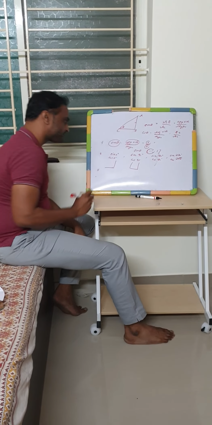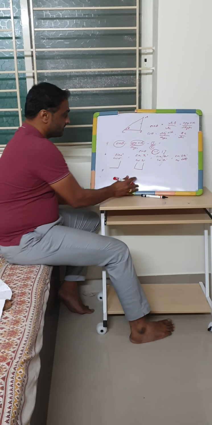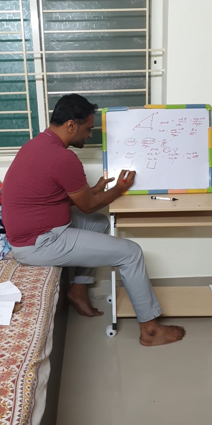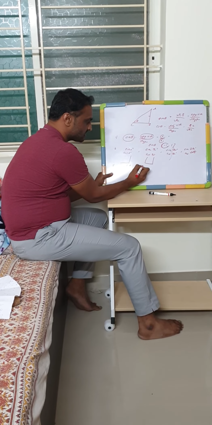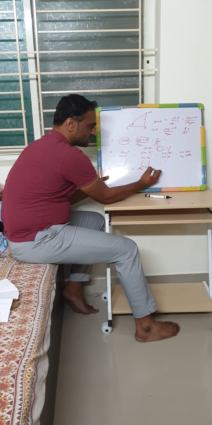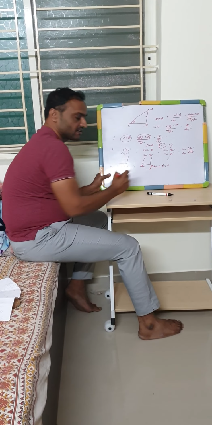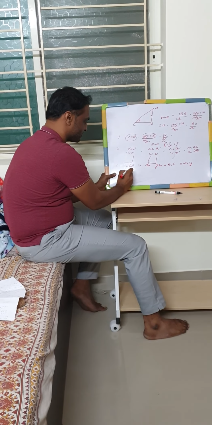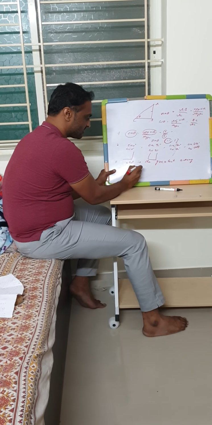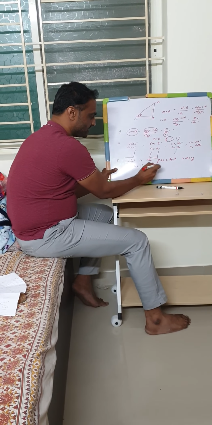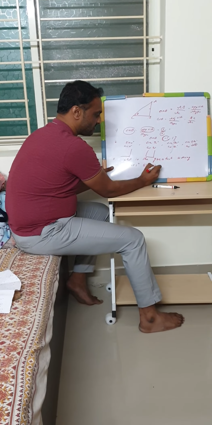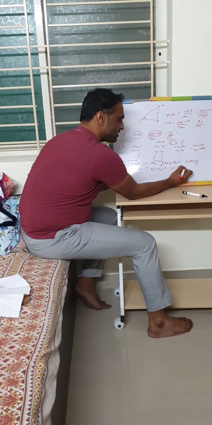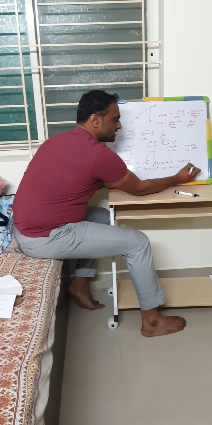The third thing is, say I have to order, which means I have to find the greatest value among these: cos 1 degree, sin 1 degree, cos square 1 degree and sin square 1 degree.